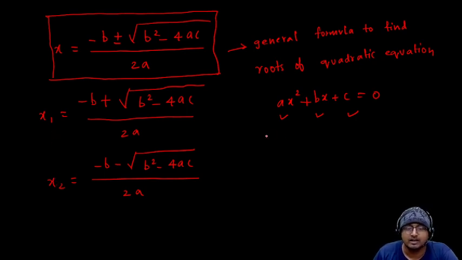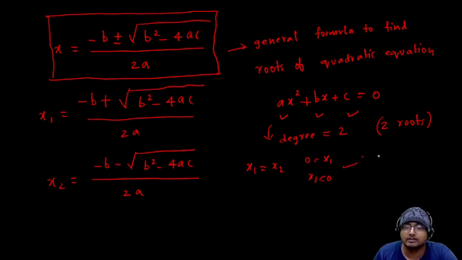See, one more thing. Every quadratic equation is of degree 2, so it has two roots. Two roots does not mean that x1 cannot be equal to x2. Suppose x1 equals 0 and x2 equals 0, it means two roots only, but these x1 and x2 values are equal. Two roots does not mean both the roots are different.